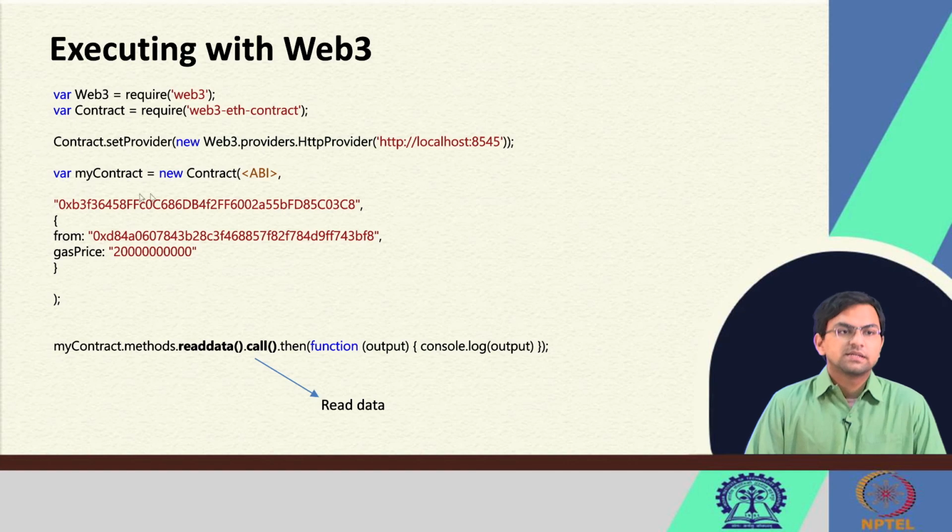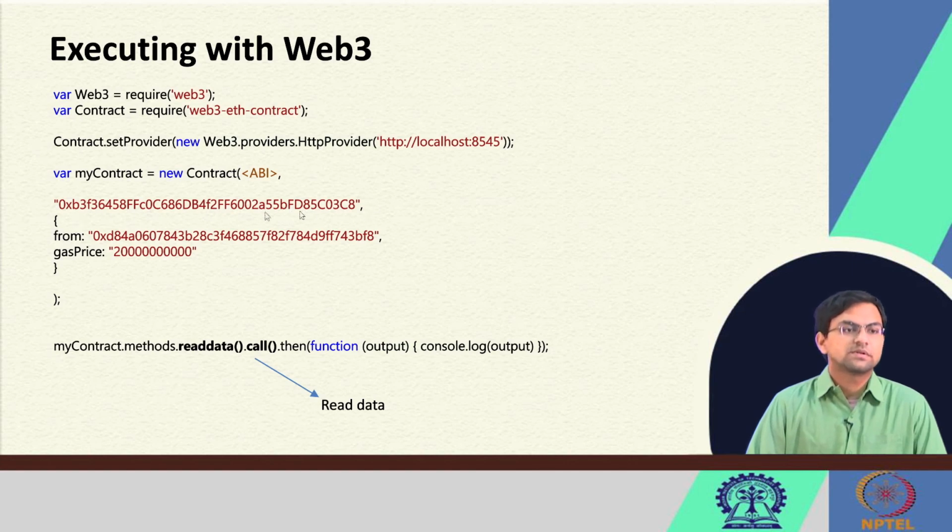Then we define the contract. The contract definition takes as input the ABI, which is very important. You need to provide the ABI of the smart contract that is deployed. Without this ABI, it cannot execute the contract functions. Apart from the ABI, the second argument is the address of the deployed smart contract.